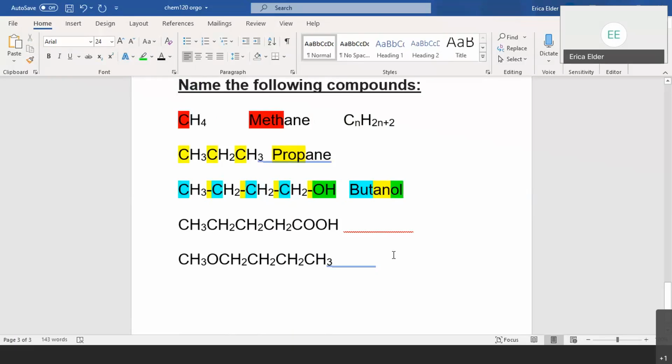So let's take a look at our next problem. Here we look up, we've gotten to another carbon, but to the right of it are some anomalies. I see oxygen, but then again, I need to look again. What else is also attached to this? I have another oxygen.